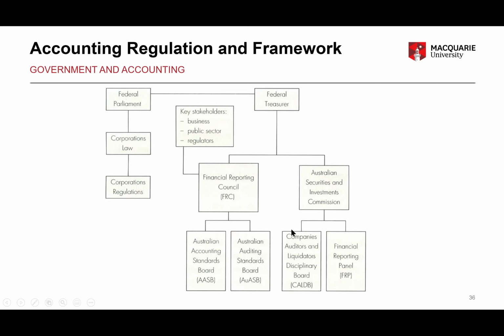You can see that there's a disciplinary board for auditors and liquidators, and also for general financial reporters. So that chart gives you an overview of the organisations, committees and boards involved in regulation and the accounting framework.